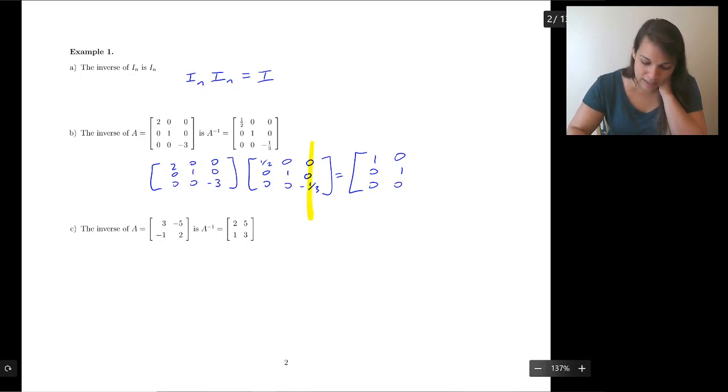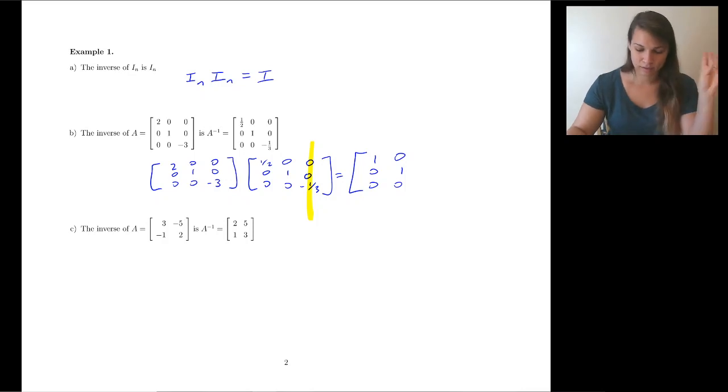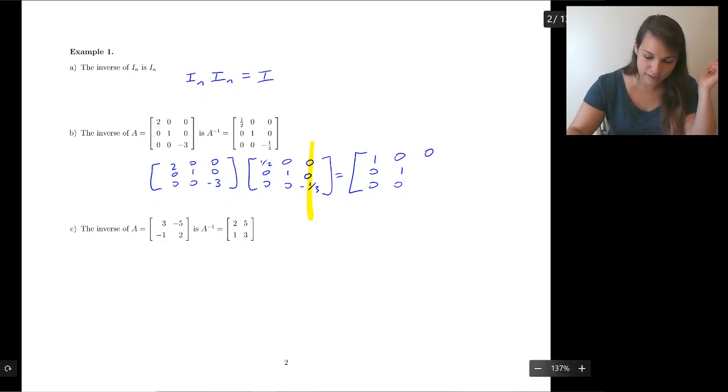When we multiply that times the top row, you get 0, and the middle one, you get 0. And then the last one, the only thing that combines is the -3 and -1/3. So perfect. We get the identity matrix.